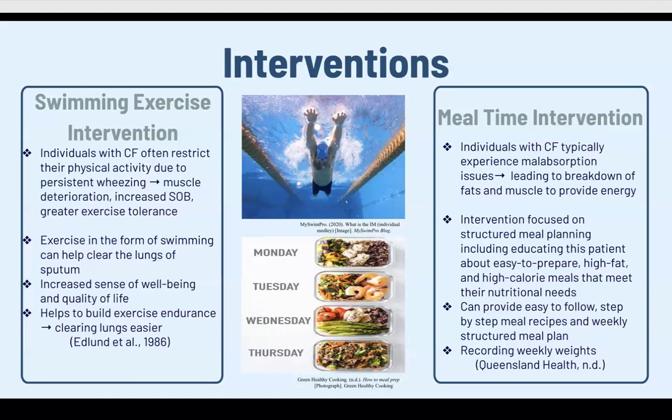This intervention can also include easy to follow step-by-step meal recipes. So it's again easier on them and gets them to want to participate in meal prepping as well. And to keep track to see if the intervention over time is working, we can also record weekly weights to see how that's fluctuating.